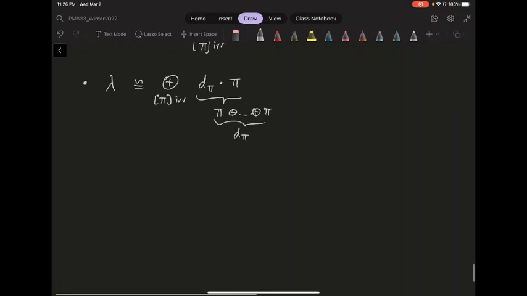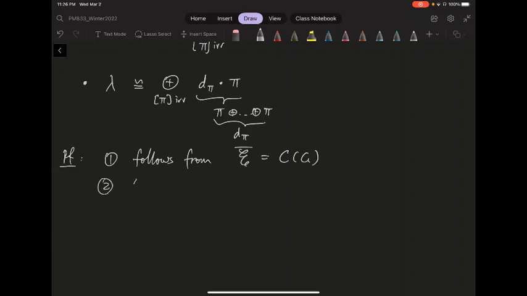So the proof is really simple. The first part follows from the density. So E closure is inside the C, and C is dense in the L2, and the second just follows from our earlier result that if you restrict your lambda to each of these E pi, that's going to be unitarily equivalent to d pi copies of the pi bar, okay?